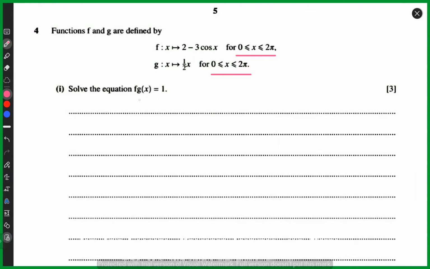Okay, first of all, let's calculate this composite function. It's f of g of x, and that is basically going to be, what is f of x? It's 2 minus 3 cos, and instead of x, I need to write down g of x, that is 1 by 2x. And this is basically equal to 1. So let's just do some simplification.